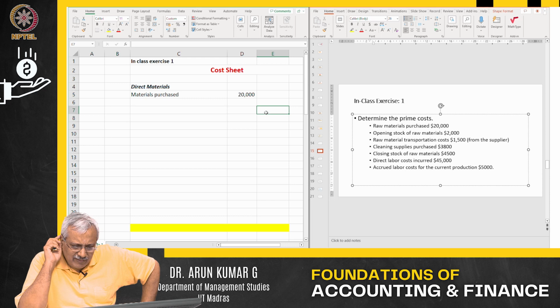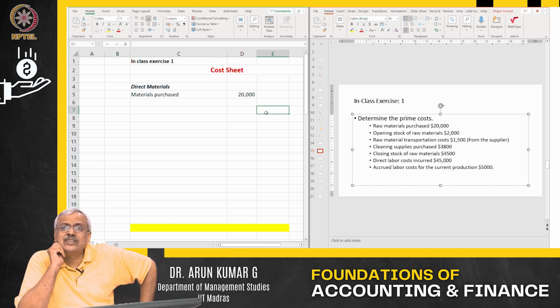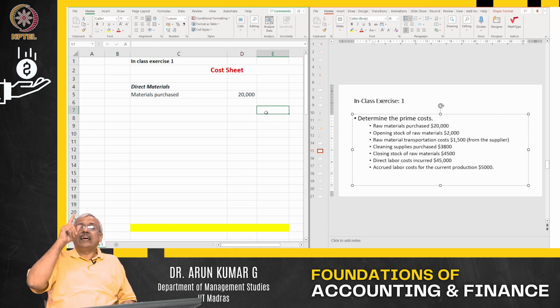Next, we have raw material transportation cost incurred, which is 1500. So, what did I say in financial accounting? In financial accounting, we said that whatever is the cost of transportation of material will be added to the cost of the material. We always said landed cost.